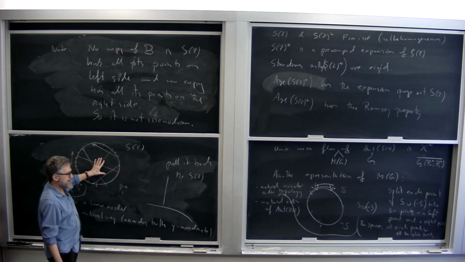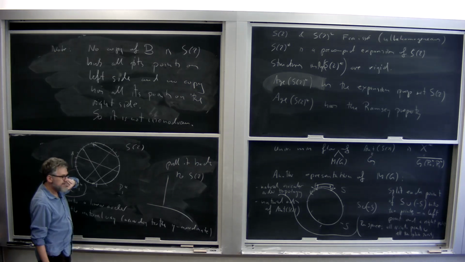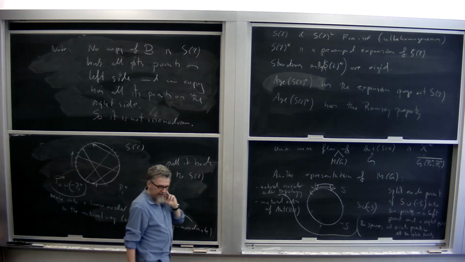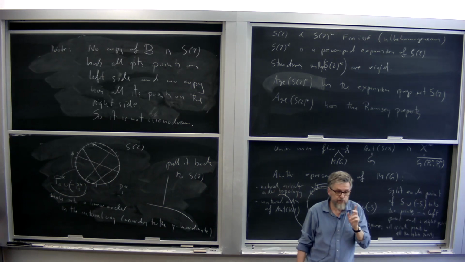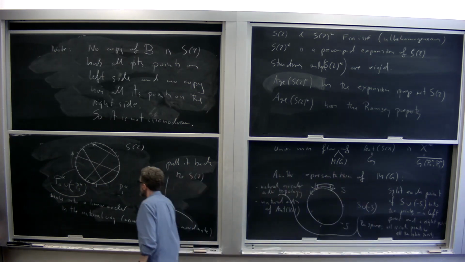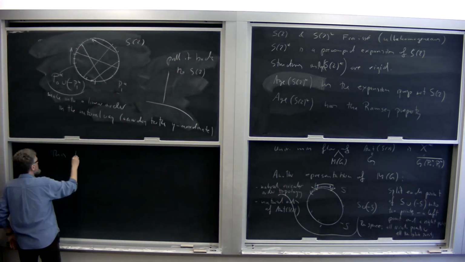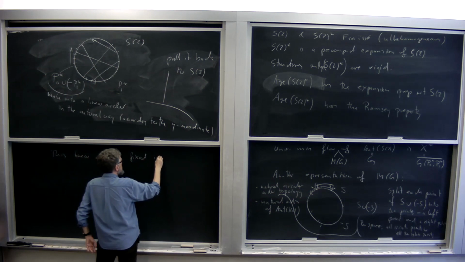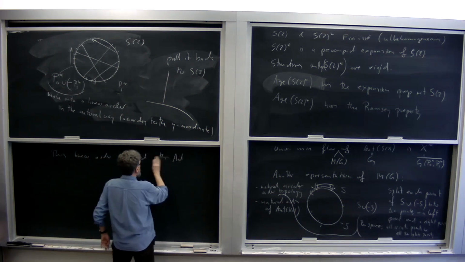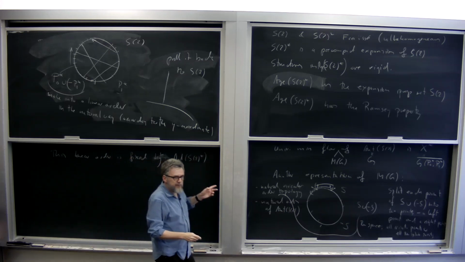And that linear order is fixed by the automorphism group of S2 star. That's the extremely amenable group.